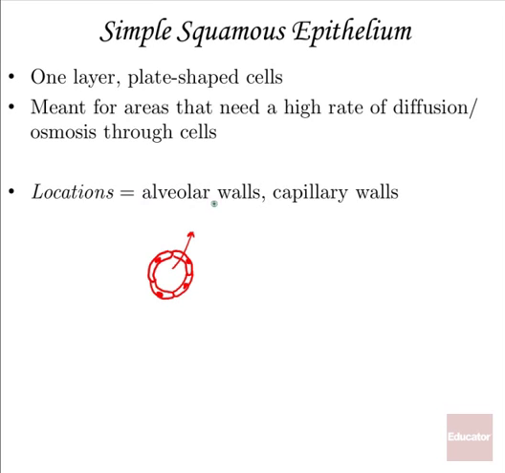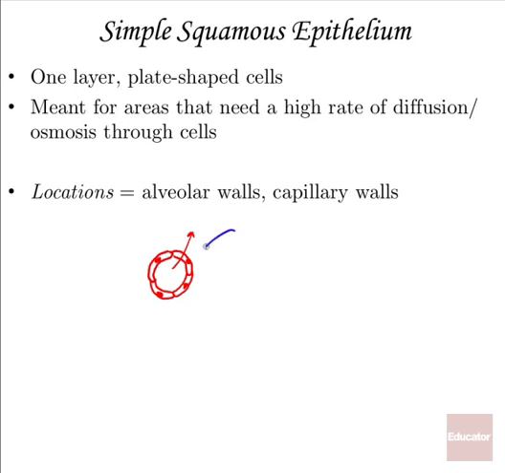And alveolar walls, if you're wondering what are those? Well, if we look at the capillaries in the lungs, you want to get the CO2 out of the capillaries and into the passageways of your lungs for exhaling, and vice versa with the oxygen. Well, they're kind of like microscopic bubbles that make up the alveoli of your lungs. You have hundreds of millions of these little air sacs. They are also one cell thick.